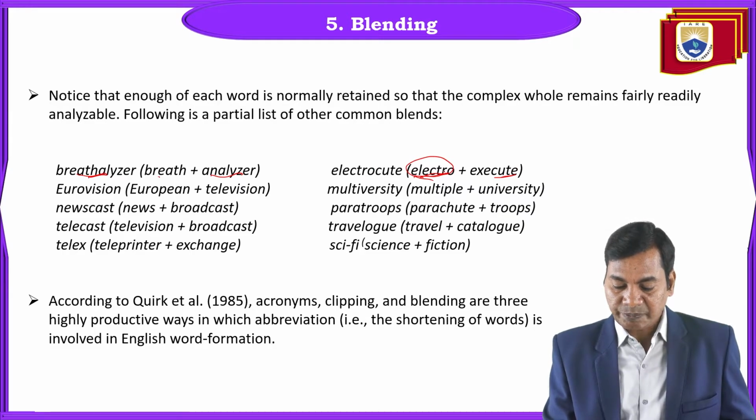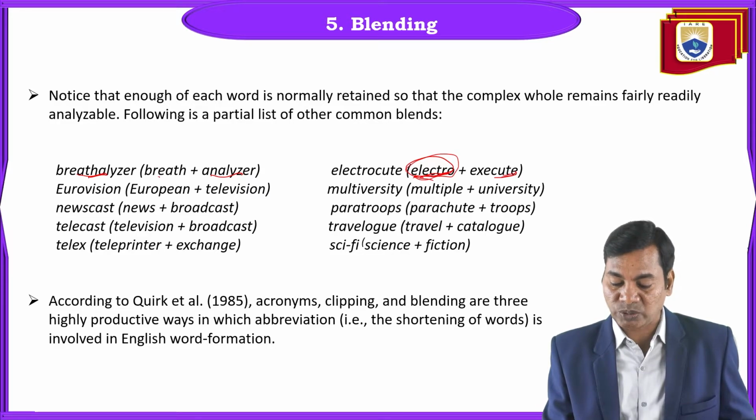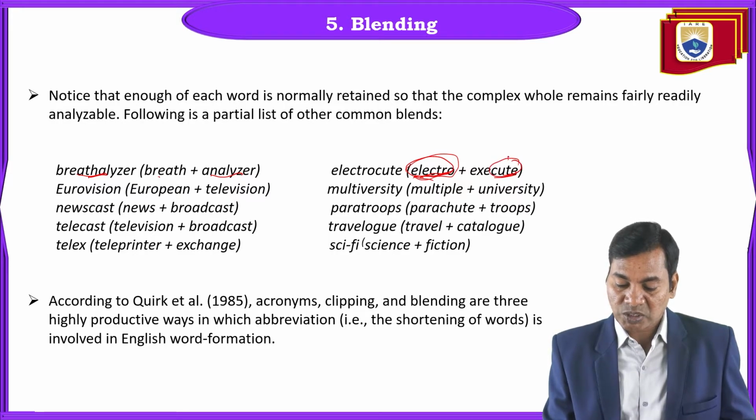In this, I use the whole part of the first word, that is electro, and I took only the last part from the second word, that is cute, which is the last part of the word execute. So by combining the last part with the entire first word, I got the word electrocute.